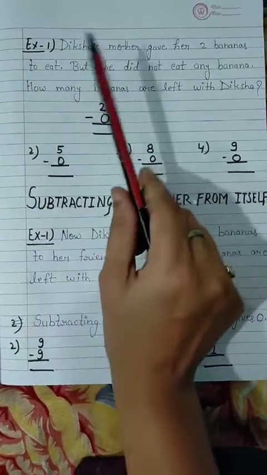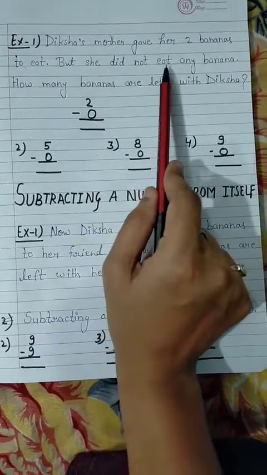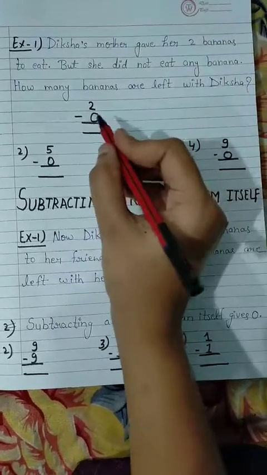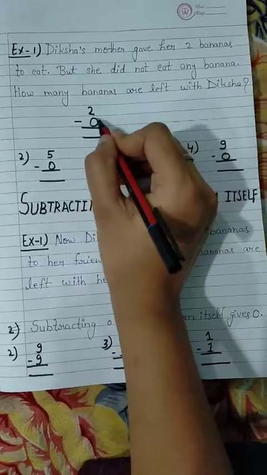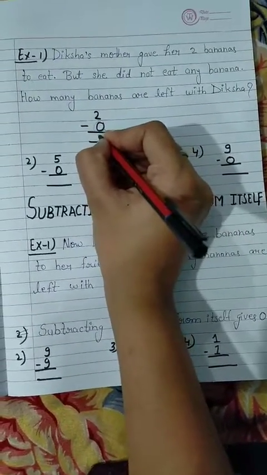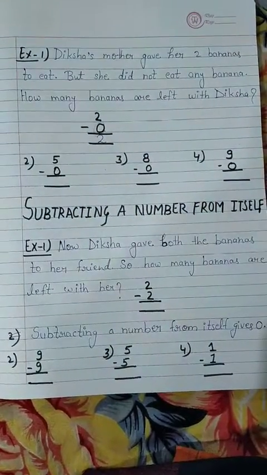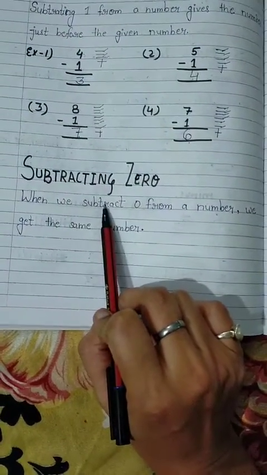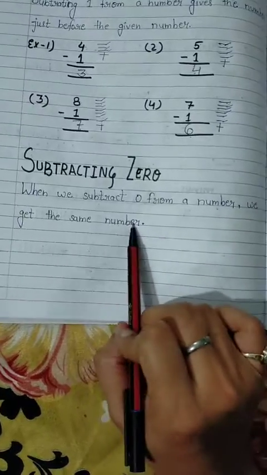So student, Diksha's mother gave her 2 bananas, but she did not eat any banana. So that means 0. And as you know, there is no value of 0. So you have to write 2 as it is. Okay? So students, when we subtract 0 from a number, we get the same number.